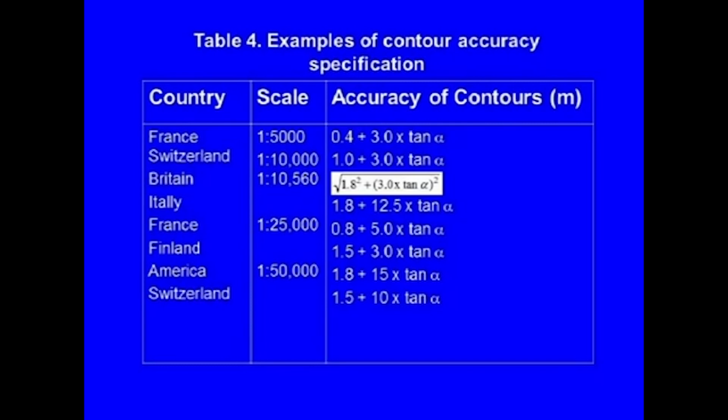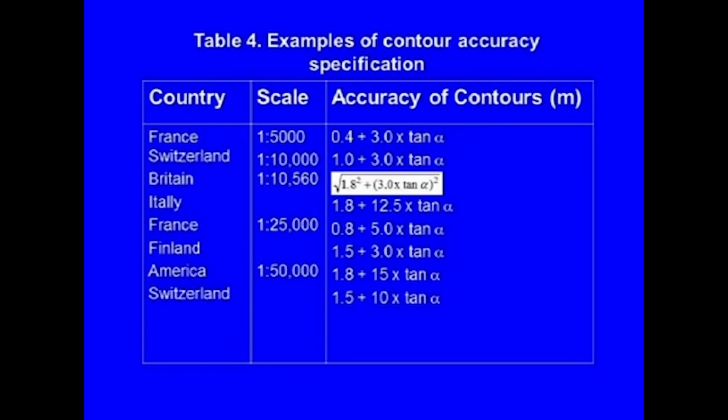For example, in France, where the scale of mapping could be at the level of 1:5000, the accuracy of the contours can be expressed as 0.4 + 3 tan α, where α is the slope.